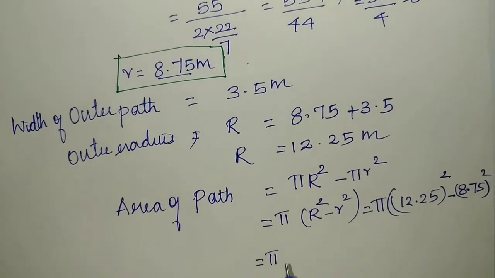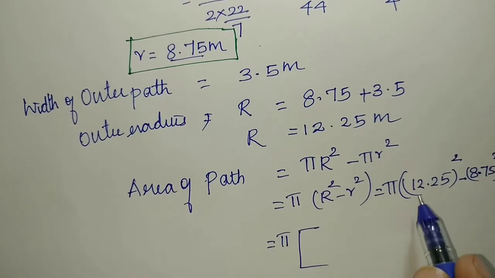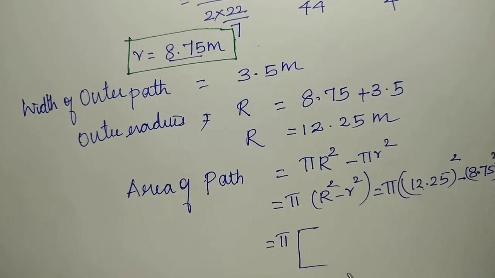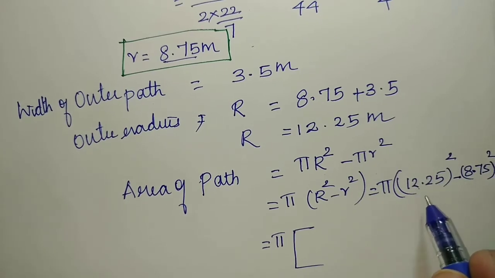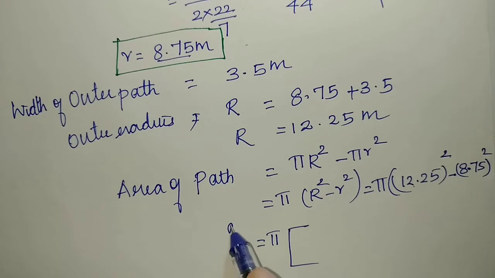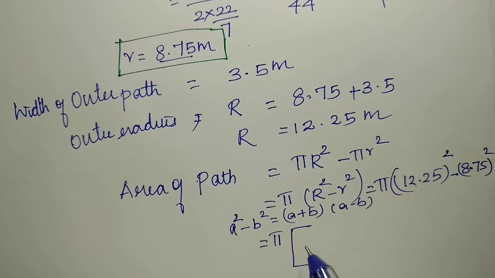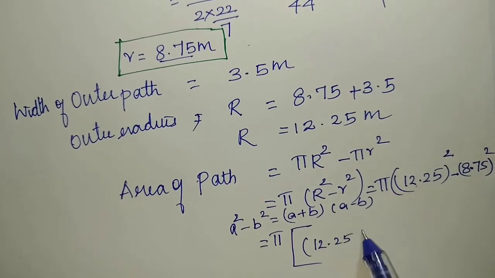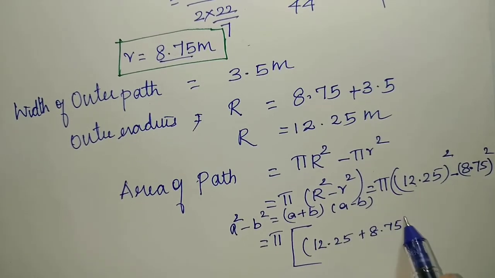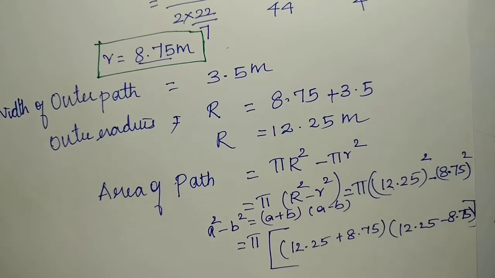Pi into, this is looking like a formula. You can do 12.25 into 12.25, but you can use the formula. What formula can you use? A square minus b square is equal to a plus b into a minus b. Use the formula: 12.25 plus 8.75, 12.25 minus 8.75. If you do it like this, it will be much easier.